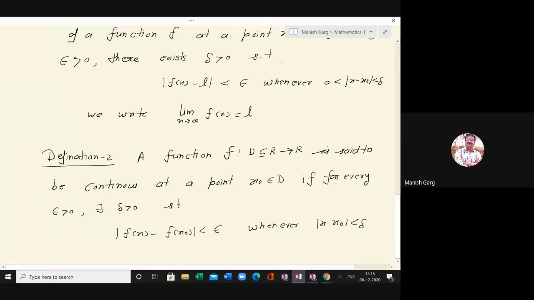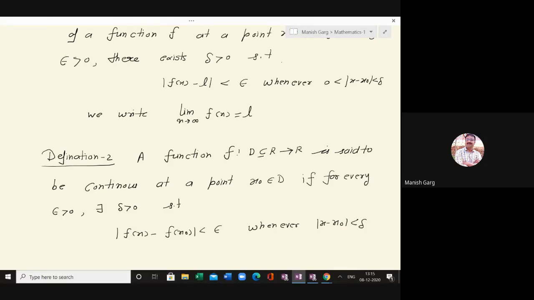It means the limit of a function at a point can be defined even if the function is not defined at that point.